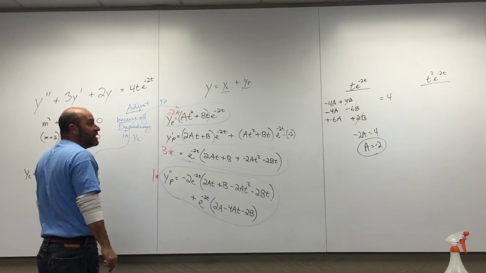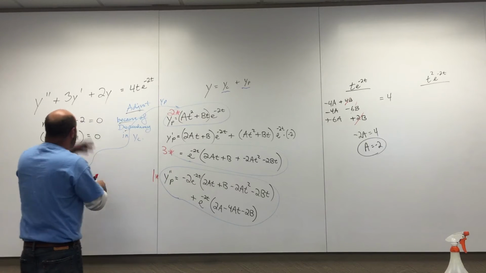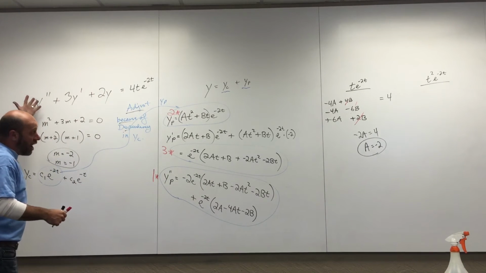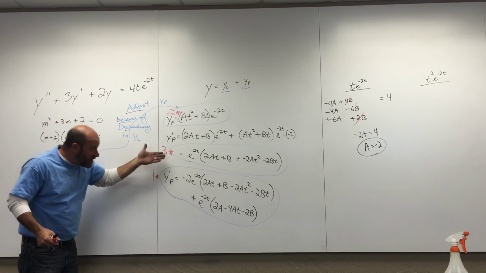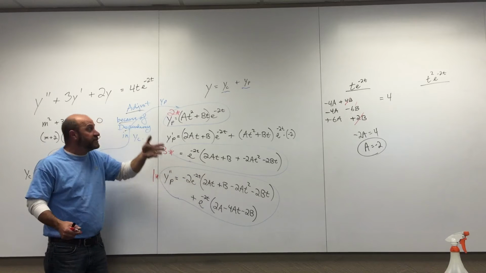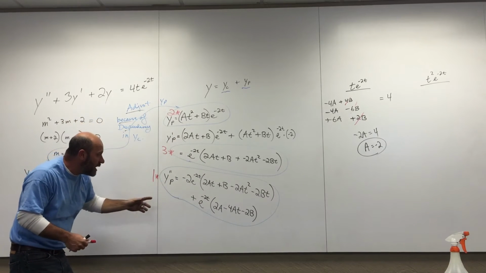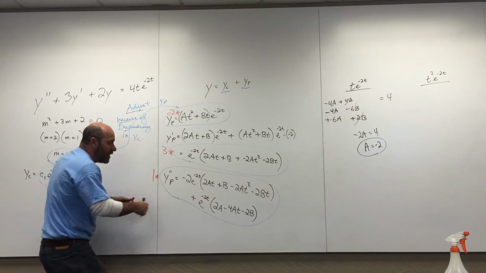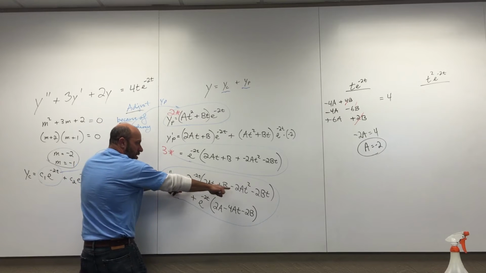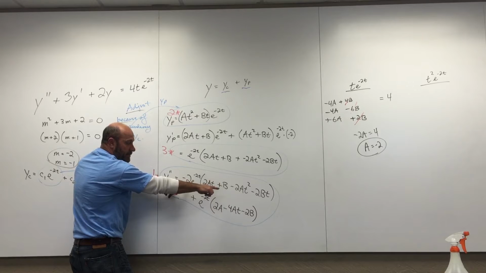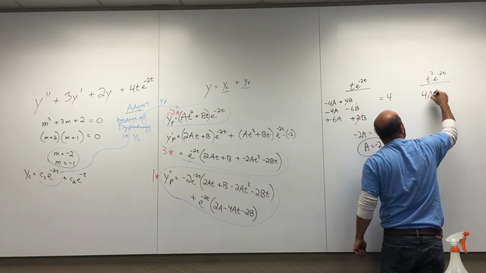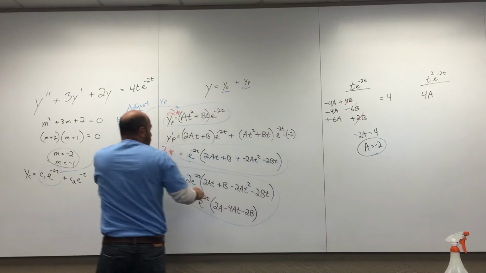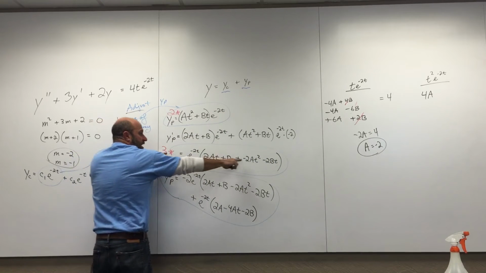All the t squared e to the negative 2t's on this left-hand side would come from one of these second derivatives, 3 of these first derivatives, and 2 of these. Let's see what we got. And here they are. A positive 4a. That's the only t squared there is, isn't there? Okay, cool. Positive 4a. I'm going to write that down. And then here's a negative 6a.